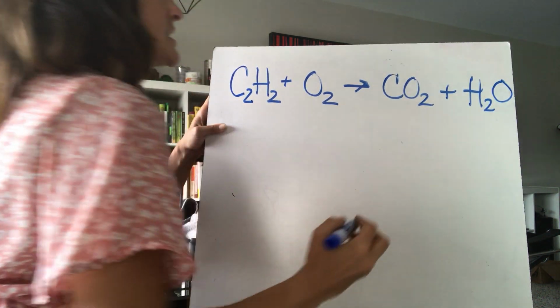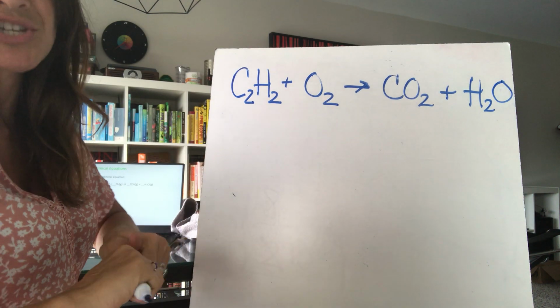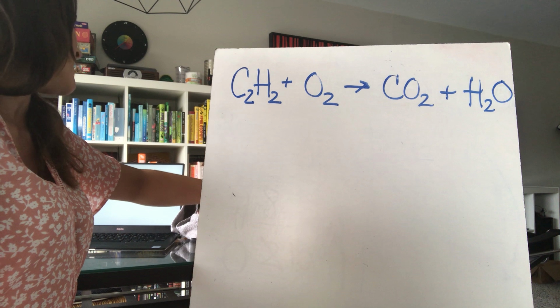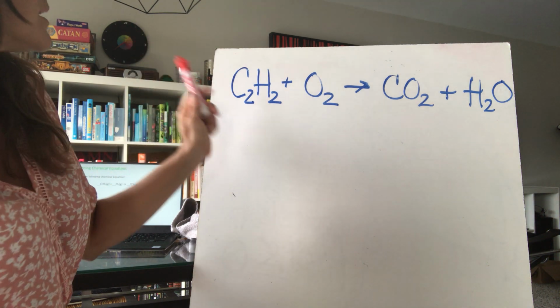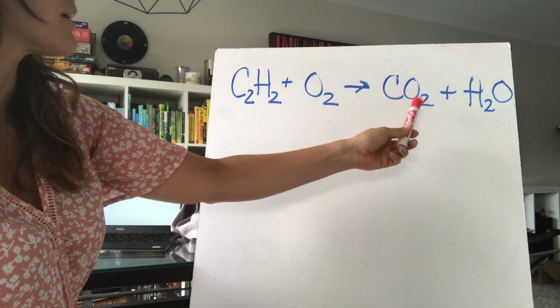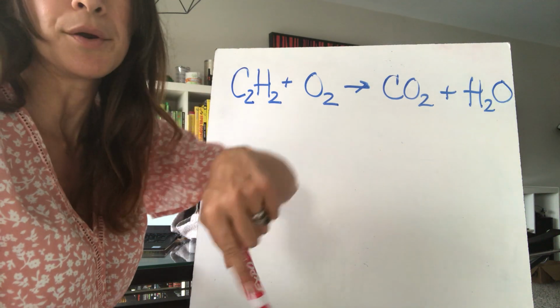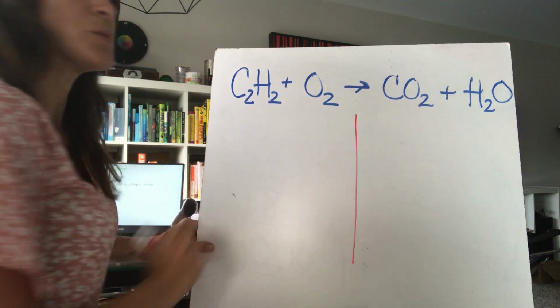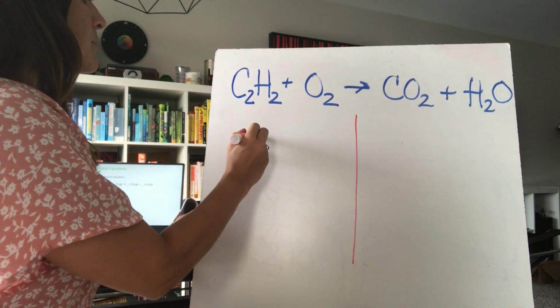You might recognize this as a combustion reaction. It's combustion because, as you see on that slide, you have a hydrocarbon reacting with oxygen to make carbon dioxide and water.